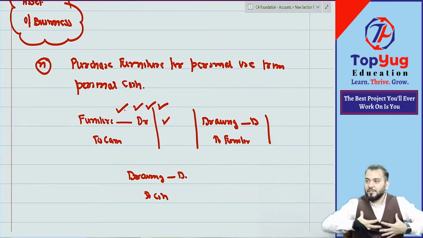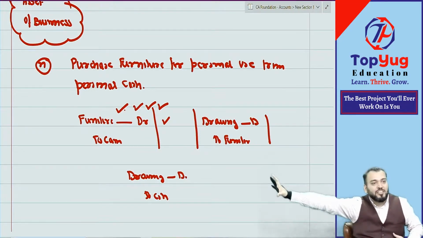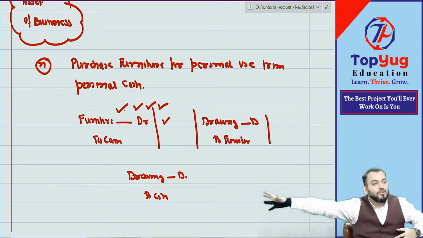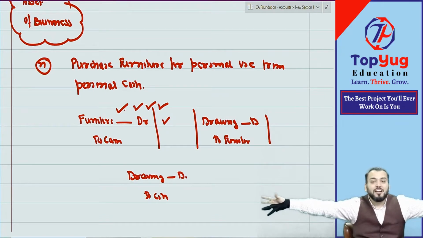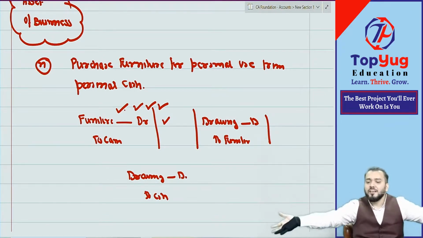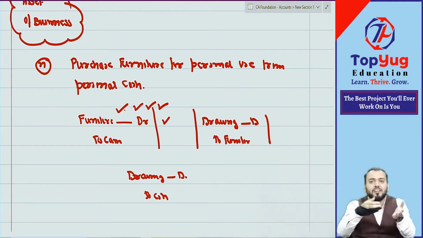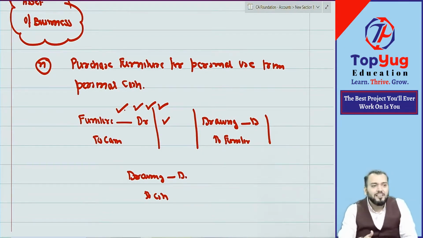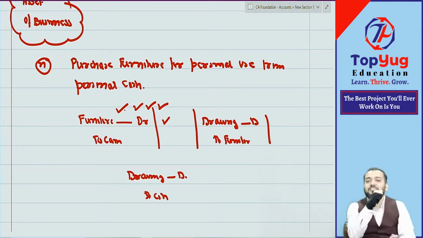We purchase furniture, whether it is coming into business. No. By using what? Personal cash. Whether business cash is affected? No. What journal entry in business books? No journal entry. It is not a financial transaction only. Whether it changes the financial position of business. No, it is not a financial transaction.